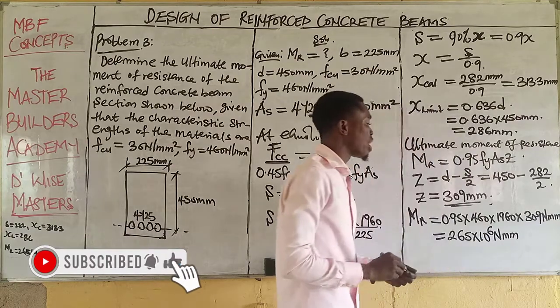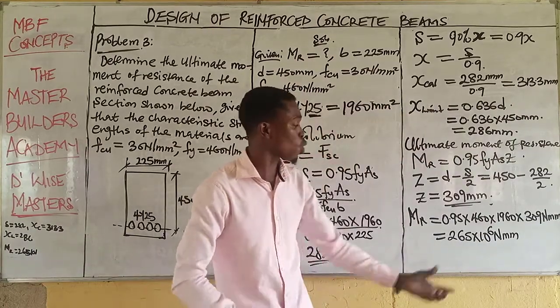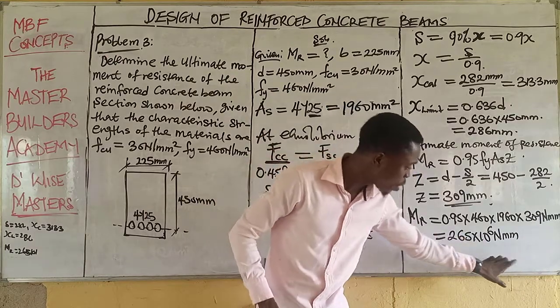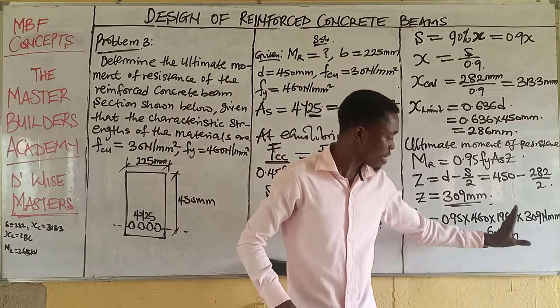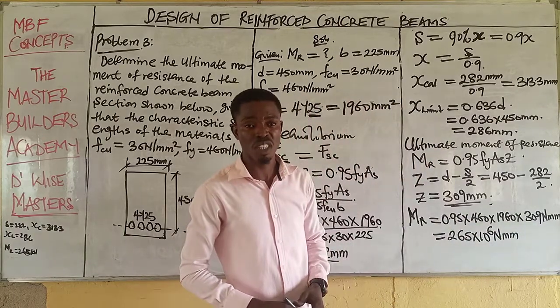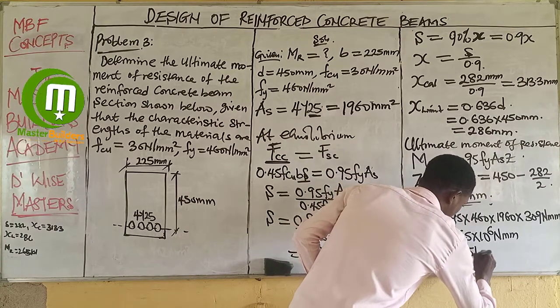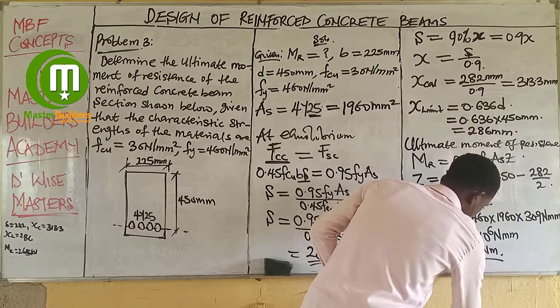As usual, we normally leave our moment in kilonewton meters, and to convert this, we simply replace 10 raised to the power 6 Newton millimeters by 1 kilonewton meter. And then this will give us 265 kilonewton meters.